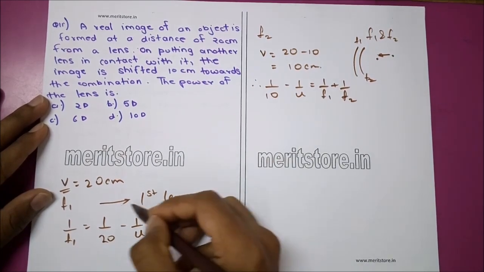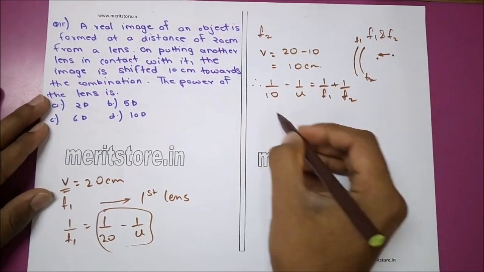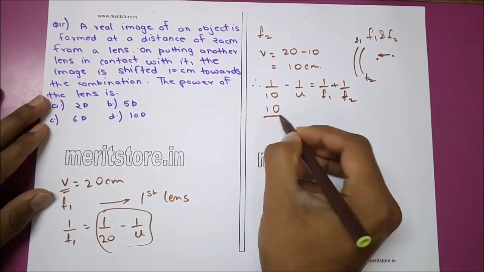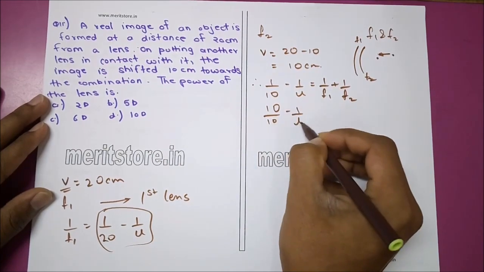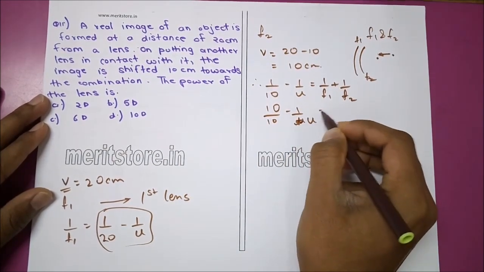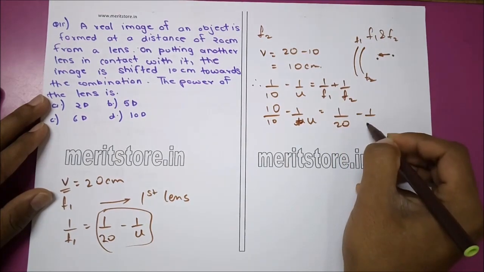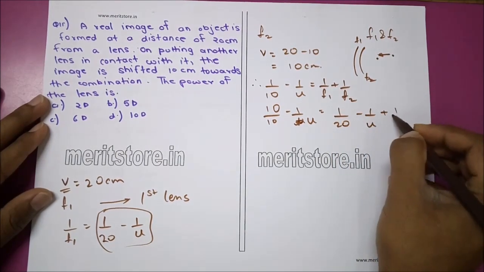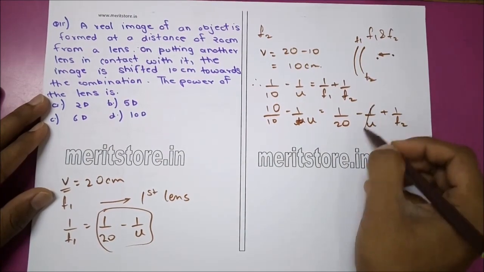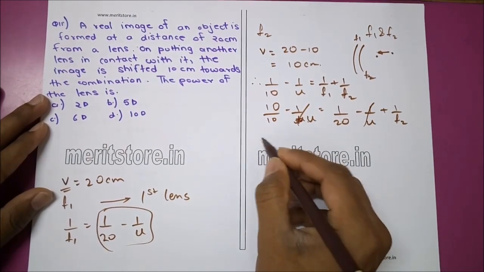Now instead of f1 we can write 1 upon 20 minus 1 upon u. So 1 upon 10 minus 1 upon u is equal to 1 by 20 minus 1 by u plus 1 by f2. So this gets cancelled.